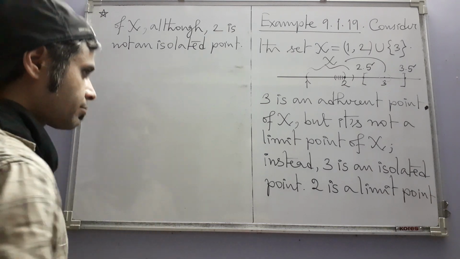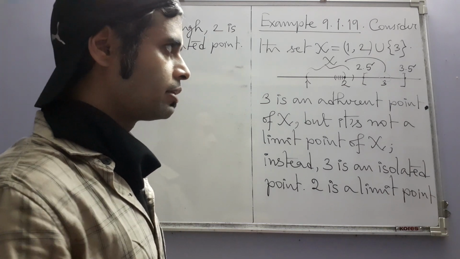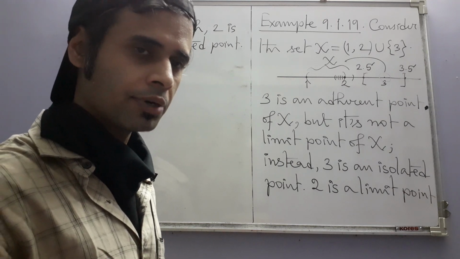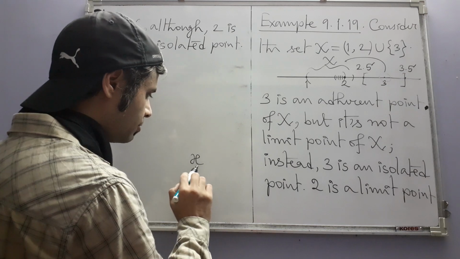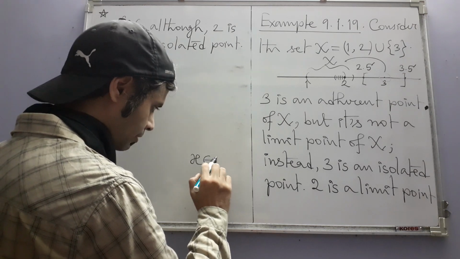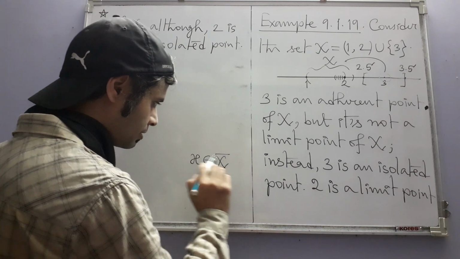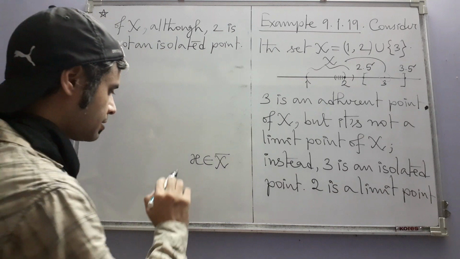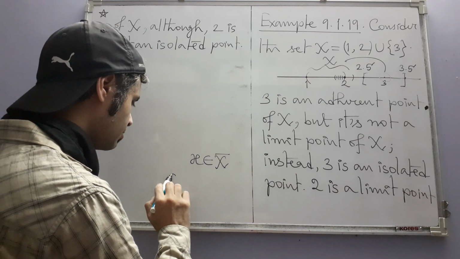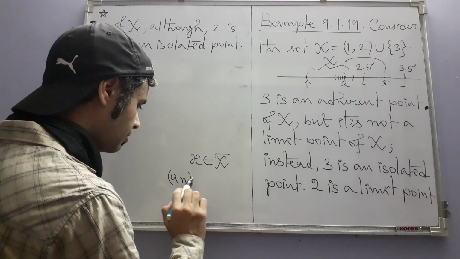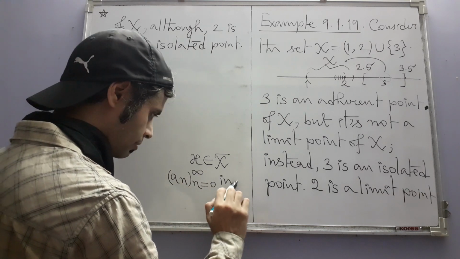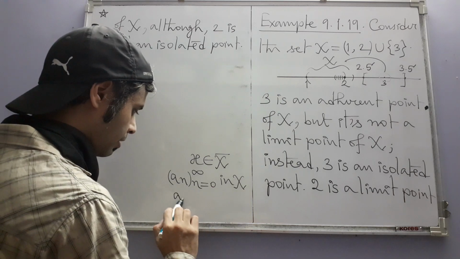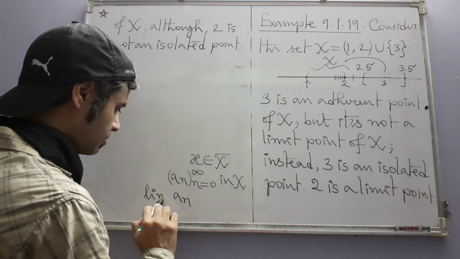Okay, now we also know the sequential formulation of an adherent point. Do you remember that? A point x is said to be an adherent point of X, or in other words lies in the closure of X, if and only if there exists a sequence of elements in X that converges to that point.